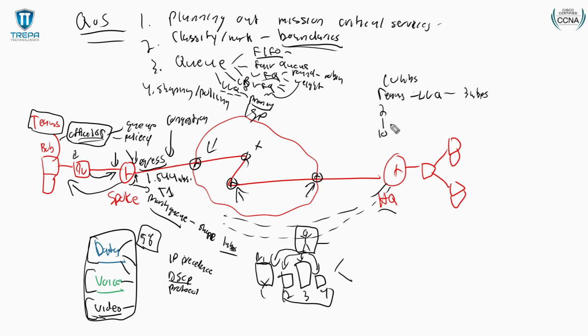Classes 2 through 10, they're going to be class-based weighted fair queuing, and then they'll get the rest of the 7 megabits per second. But now, Teams, we put it into that priority queue, and we shaped it and did some rate limiting, saying you'll always get 3 megabits, and you'll never get under, let's say, 500 kilobits.